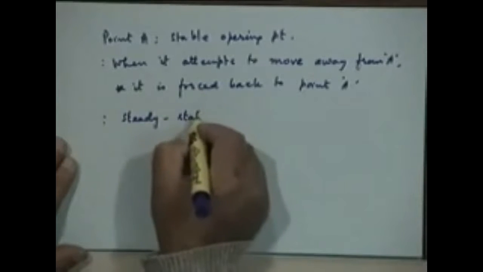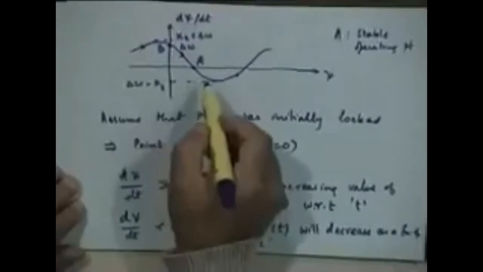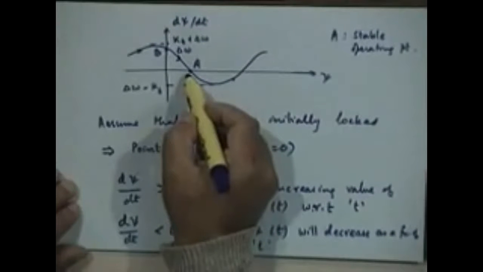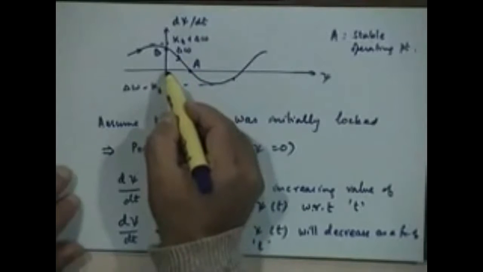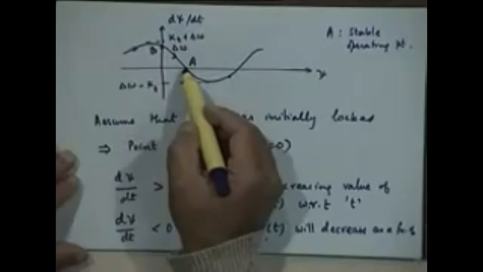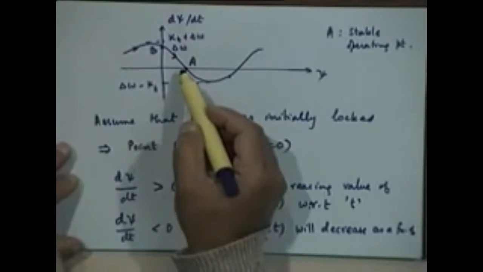So, what we are basically trying to say is that in this condition the loop will try to arrive to this point, right. When you start with psi equal to 0, it will not stay at psi equal to 0, because of the step change in delta omega, step change in the input frequency, it will now try to reach a point where there is a steady state phase error, right.